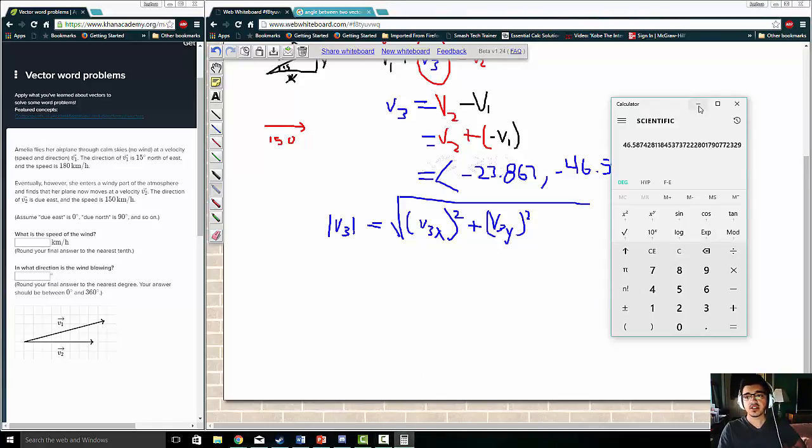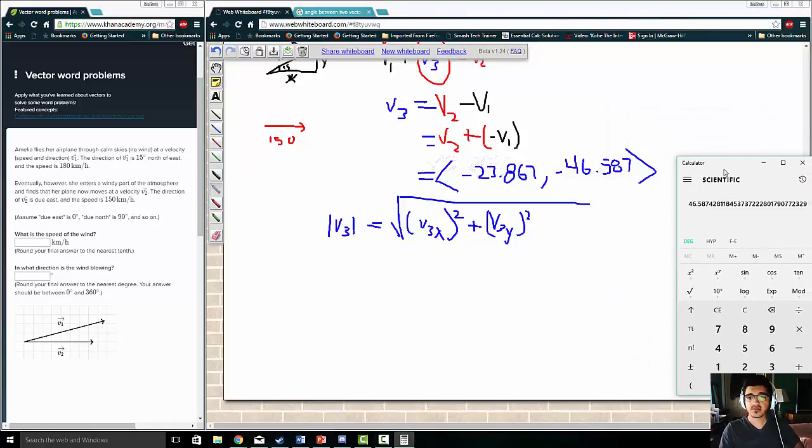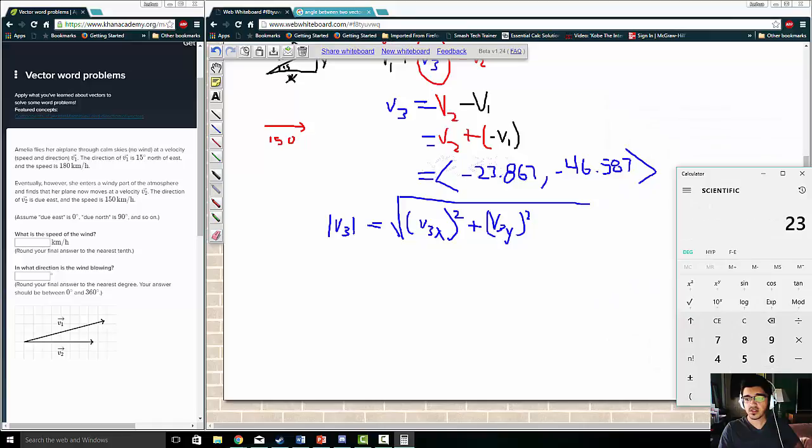So calculator, let's see. We're going to do 23.867, and it doesn't matter that I'm not making it negative, because once you square that negative number, you're still going to get a positive result. So positive, plus 46.587 squared. So that is their sum. And now we want the square root of that.